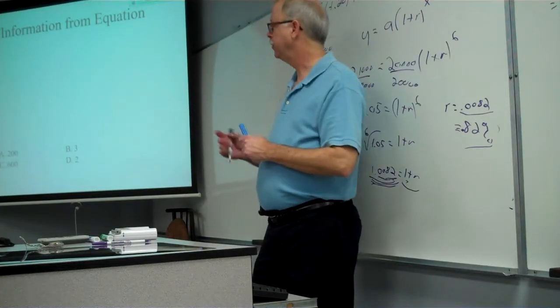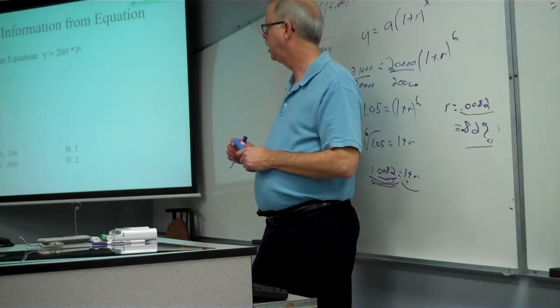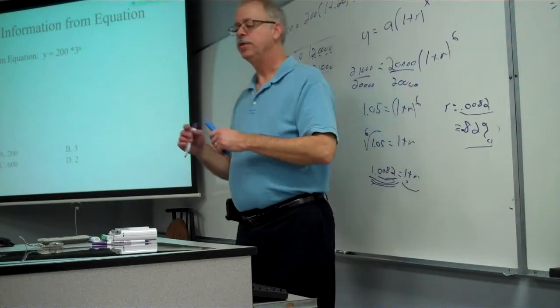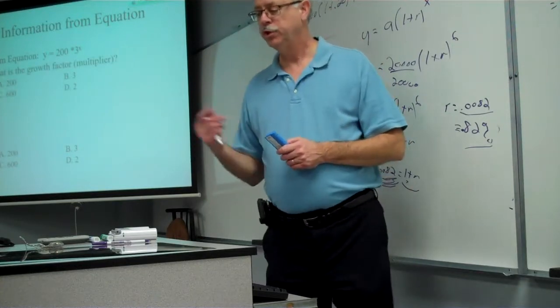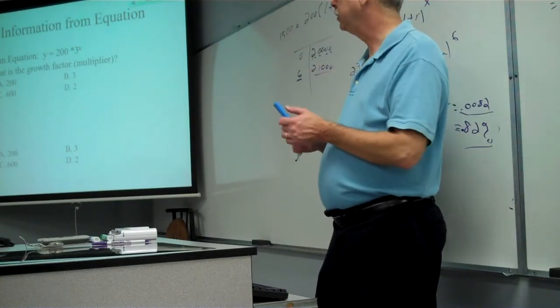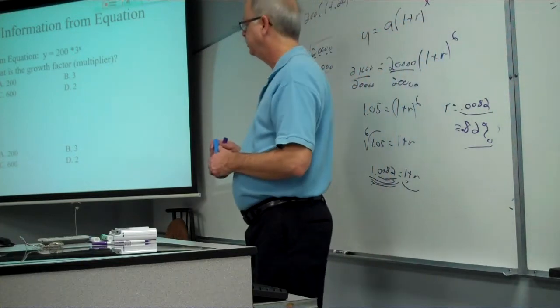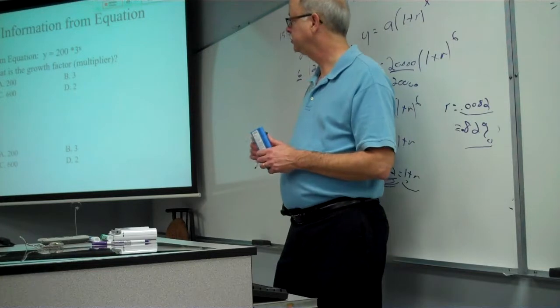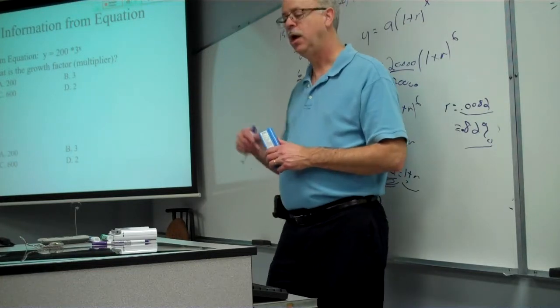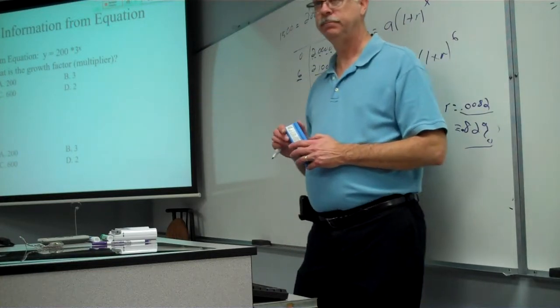But let's look at a couple other examples of things here. So, if we start with an equation, we should be able to, from the equation, identify immediately, what are we multiplying by every time? So in y equals 200 times 3 to the x, what are we multiplying by every time?